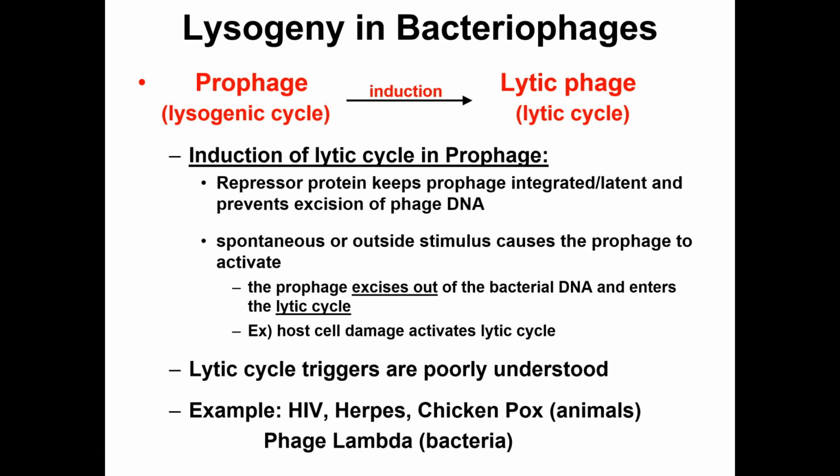Alright, so the last question to ask with these lysogenic phages. Okay, how do they choose to reactivate? Right, at some point the inevitable occurs. The virus leaves the genome and finishes out the lytic cycle. Again, not well understood. But this is what we do know.